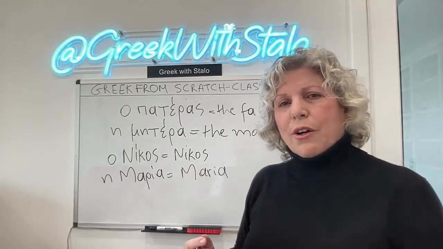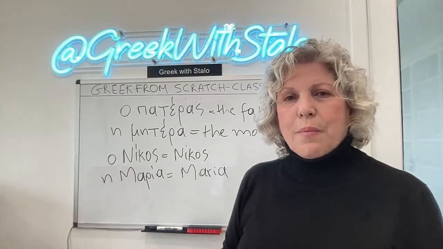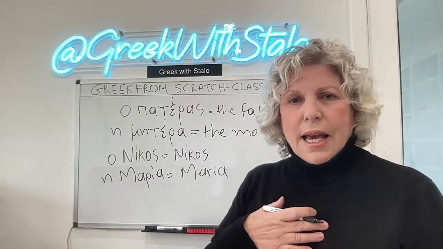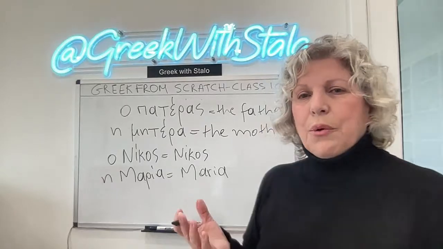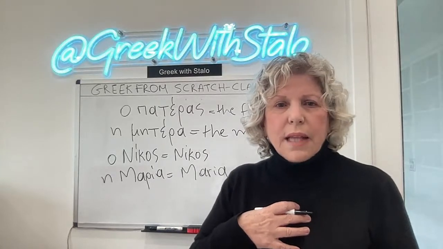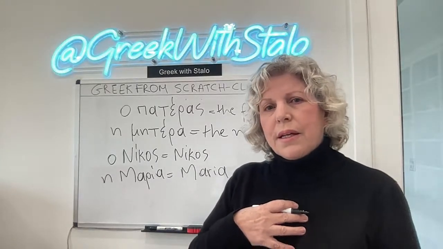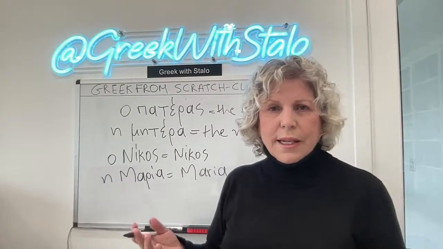And here we are also learning another way of introducing ourselves. In the past, we knew με λένε Stalo, for example. Now we can say είμαι η Stalo, or είμαι η Maria, είμαι ο Dimitris.